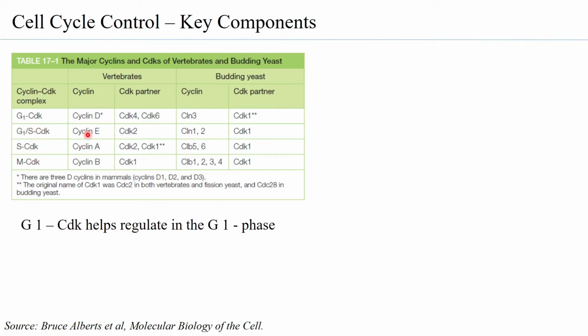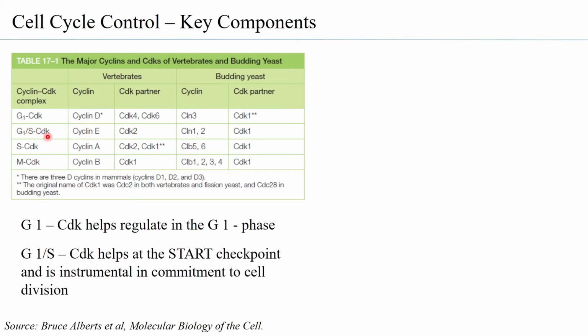Then you have the cyclin E associated with CDK2, that is basically G1S CDK, and that helps at the start checkpoint and is instrumental in commitment to cell division. So once you have this CDK allowing the cell to move to the S phase, then we know that the cell is going all the way to the cell division state. So the cell is going to proliferate.